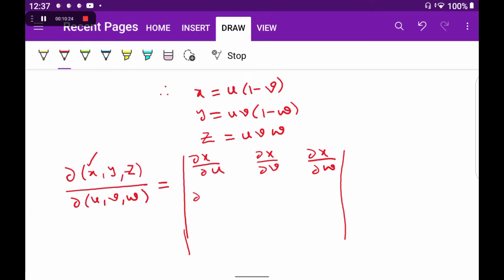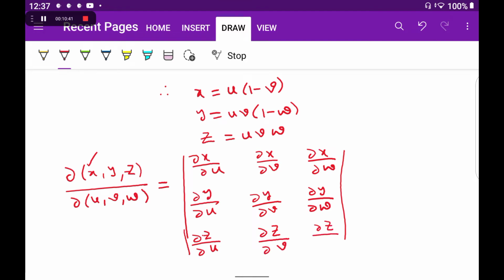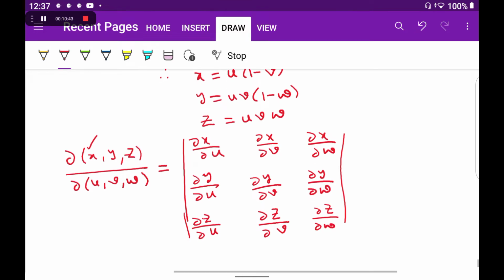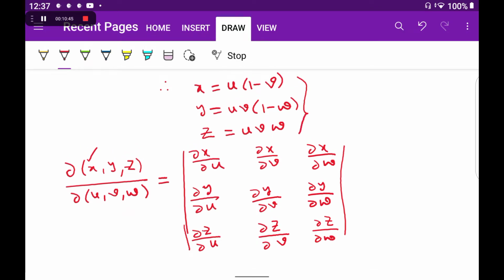Dou y by dou u, dou y by dou v, dou y by dou w, dou z by dou u, dou z by dou v, dou z by dou w. These things we have to find out now from x, y, z.